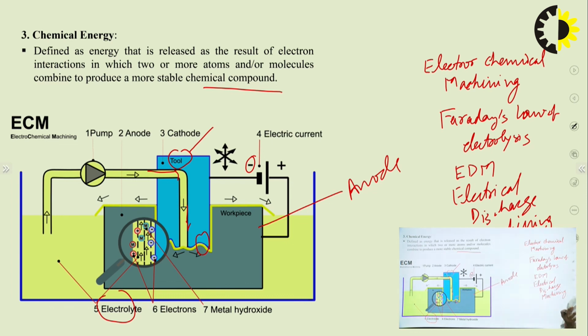Workpiece should be conductive in nature, but the difference is that in ECM the reaction is because of chemical reaction, Faraday's law of electrolysis is there. In EDM the removal of material is due to heating and vaporization, meaning there is a spark, and this spark will generate a high amount of heat. Both the processes are used to machine complicated objects or hard materials.